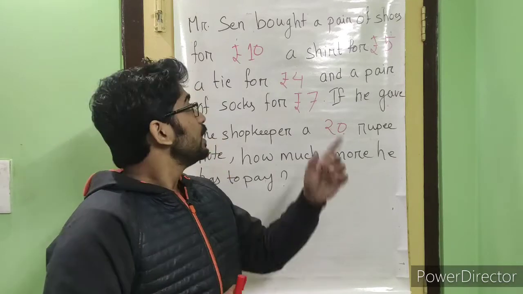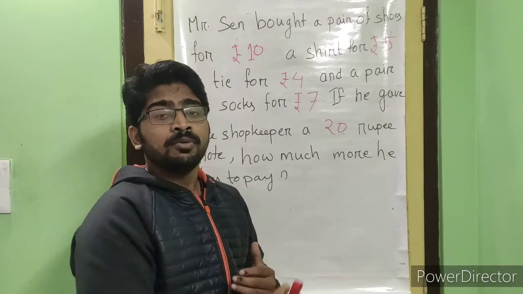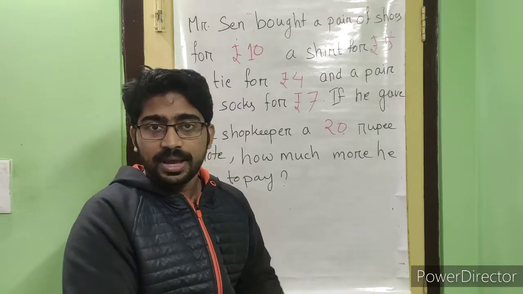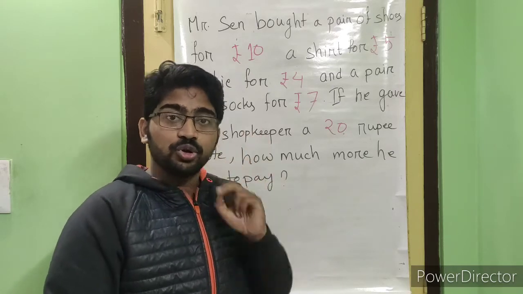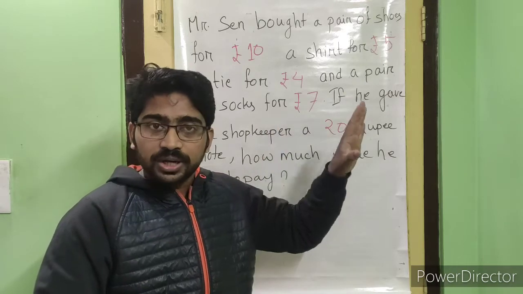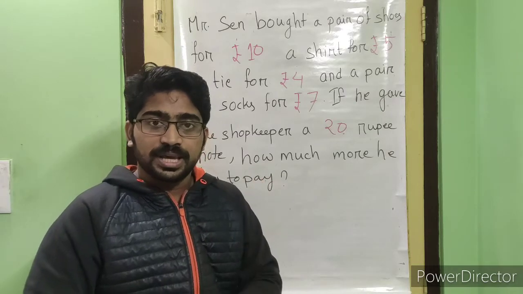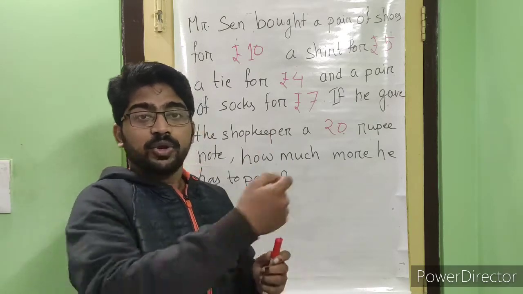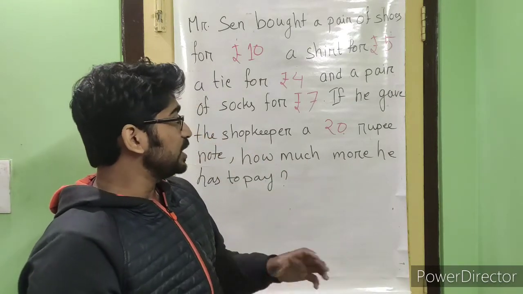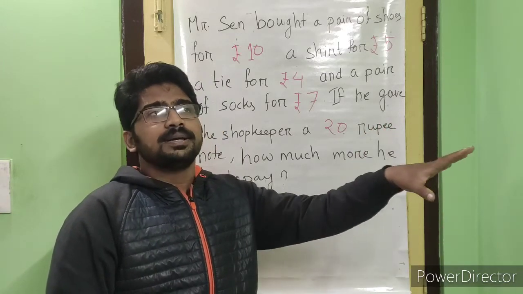Number one, if Mr. Sen gives more than what is needed, suppose altogether 15 rupees is needed and Mr. Sen has given 20 rupees, that means he has given more than 15.